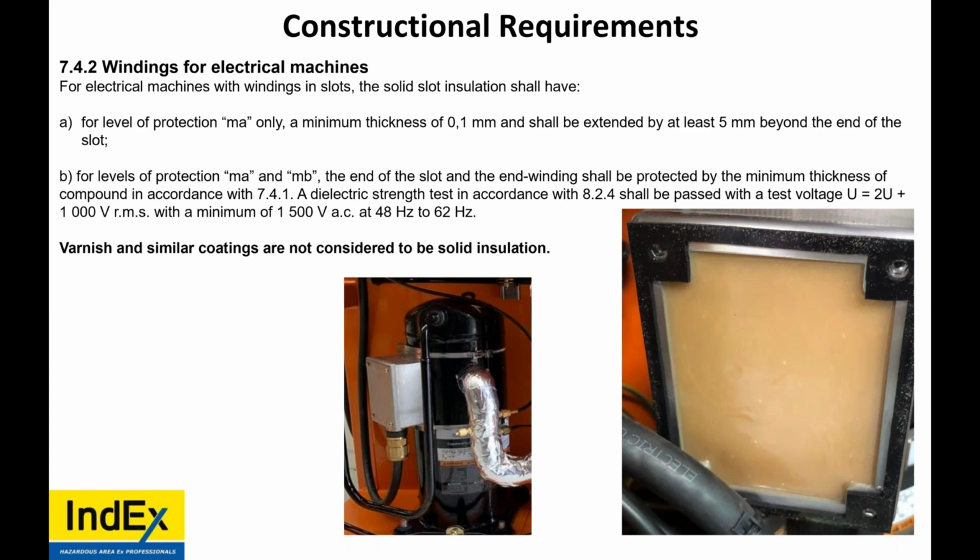For protection levels MA and MB, the end slot of the end winding shall be protected by a minimum thickness in accordance with 741, last slide we were in, and a dielectric strength to 824. Basically, when you're talking zone zeros, you have to be safe.